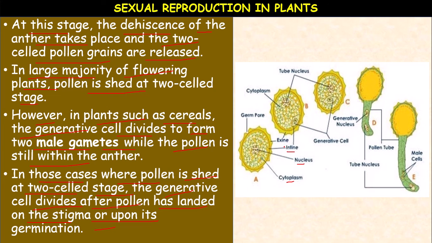It has intine and exine, with the exine having some pores called germ pores. In the second stage, two nuclei are produced, the generative nucleus and tube nucleus. Then the tube nucleus develops into the pollen tube.